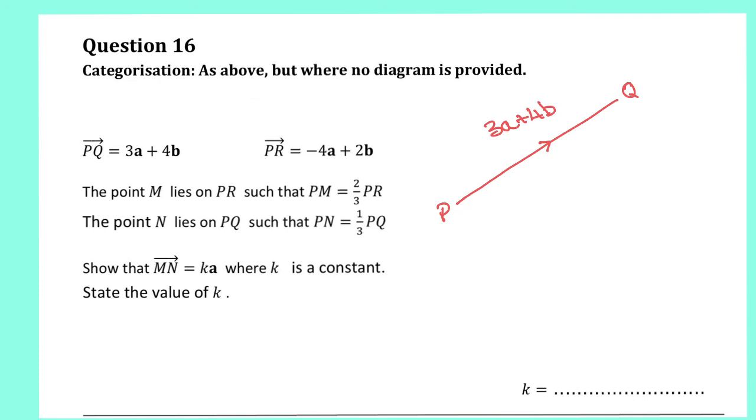We are then told that vector PR is equal to minus 4a plus 2b.